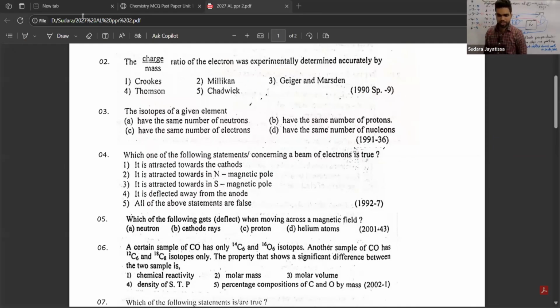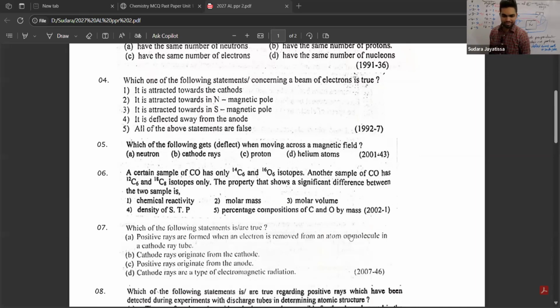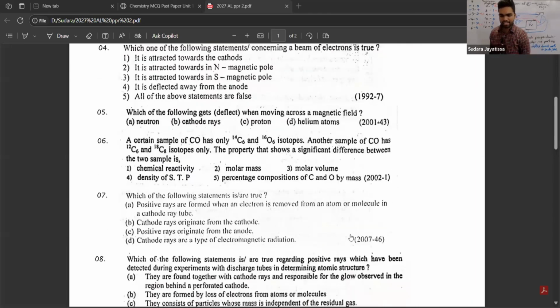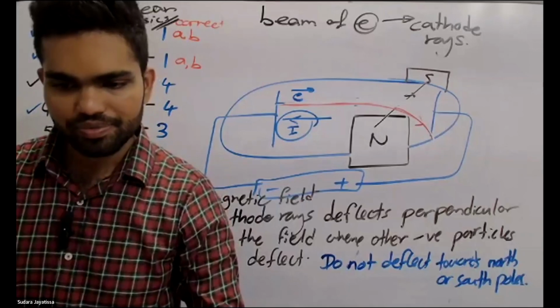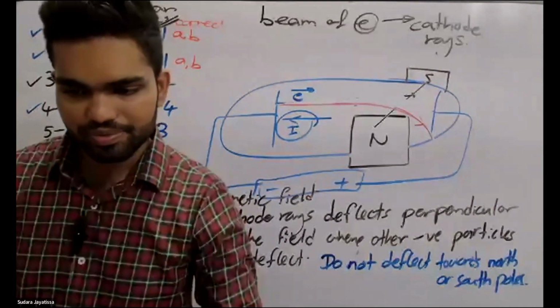The fifth one here, actually, this theory point I asked several times in our class. So what's the answer? Which of the following get deflected when moving across the magnetic field? Now we just discussed a question regarding the magnetic field, so with this one you can answer. What do you think?